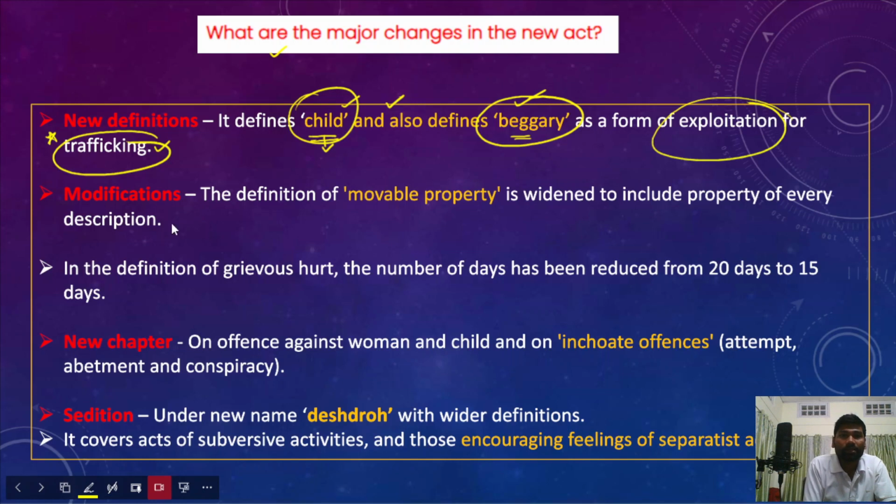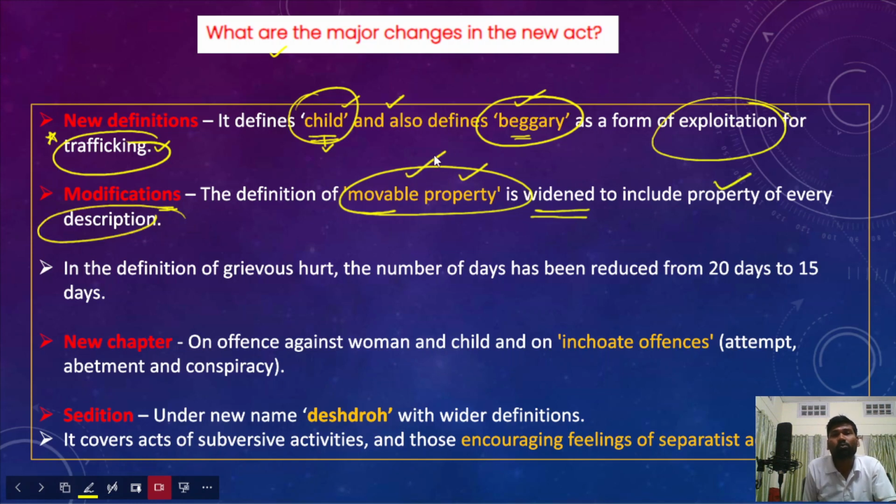And after that, modifications were also made for movable property, that is, property that is movable in nature. The definition of movable property under the Bharatiya Nyaya Sanhita has been further widened, so this could include property of every description.